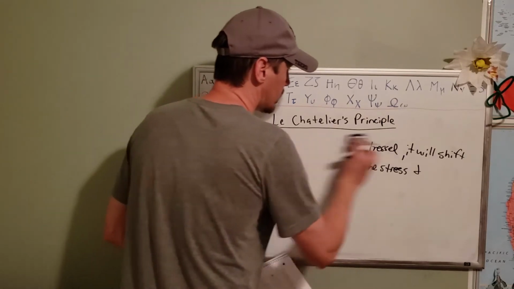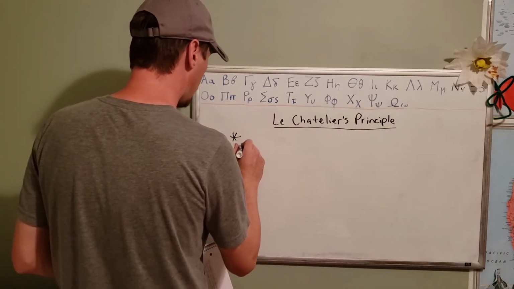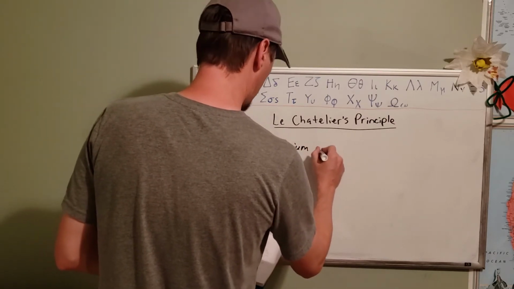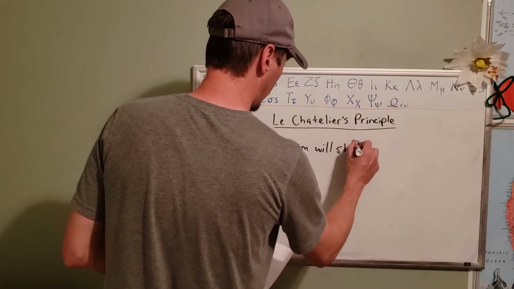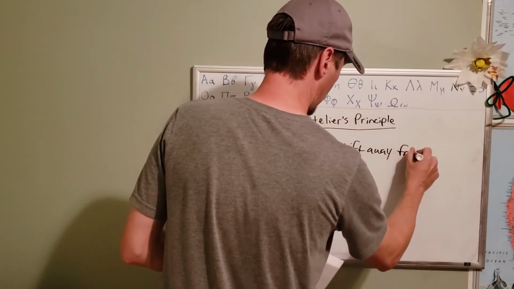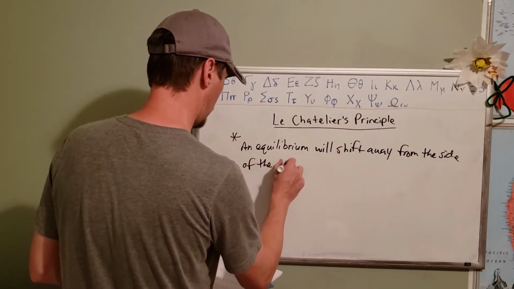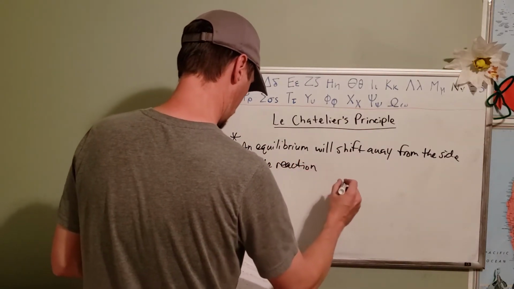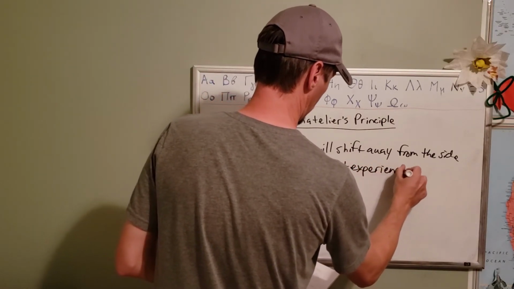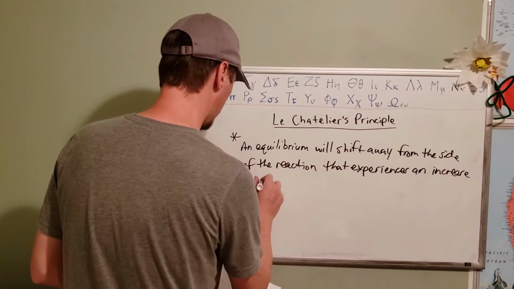And so we can basically, a couple of observations, and so we can say this, that in general what's going to happen is that an equilibrium will shift away from the side of the reaction that experiences an increase in concentration, right?